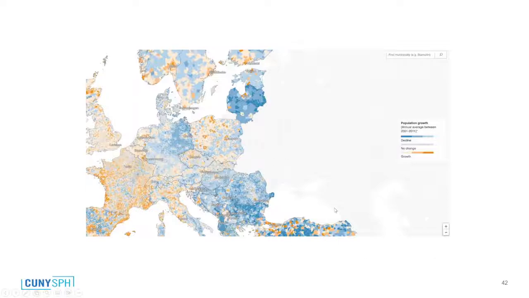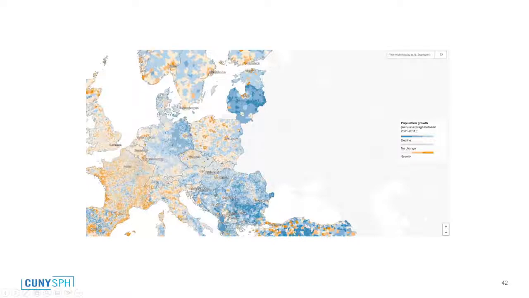This is an example of using blue and orange, where blue is going down and orange is going up, and this is about population growth, and it still conveys that meaning, especially because of the representation that we have in our brain, that blue is cold and orange is hot, and hot is higher, cold is lower in our mental schemas.